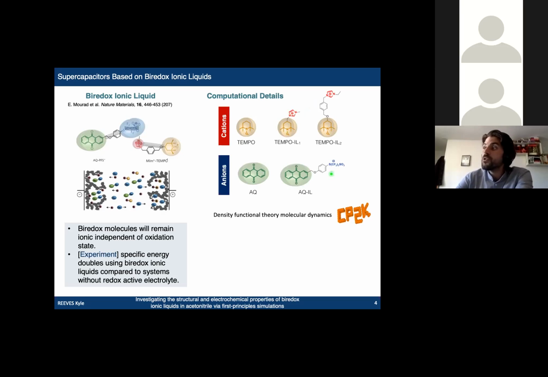So we're using density functional theory molecular dynamics in particular because we're interested in having an accurate description of electron structure and dynamics in these types of simulations. And in this case, we'll run all five bi-redox ionic liquids in acetonitrile, which is consistent with the experiments that were run, one in the oxidized state and one in the reduced state.